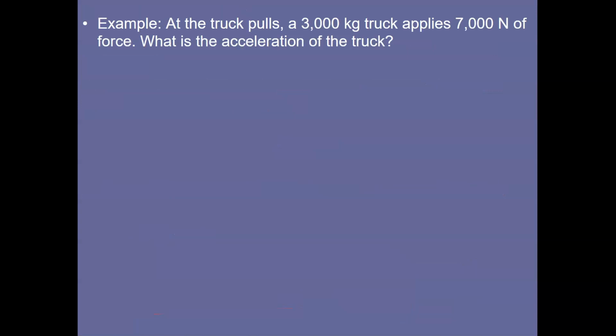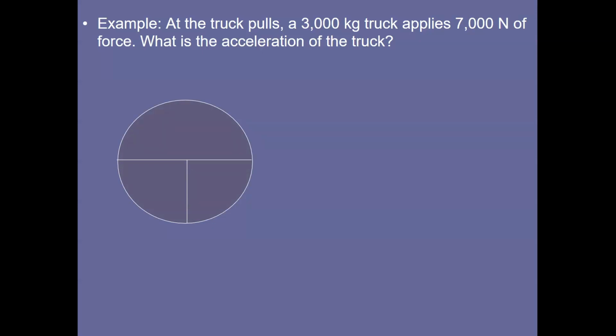So let's do a few examples here. I have a truck at the truck pulls, and this truck has a mass of 3,000 kilograms and applies a 7,000 Newton force. And I want to calculate the acceleration of the truck. So the first thing I do is I draw out my circle T, and you don't have to do it this way, but you do have to show work.